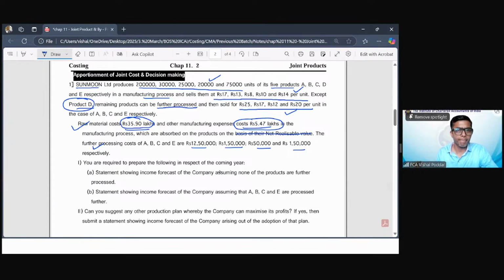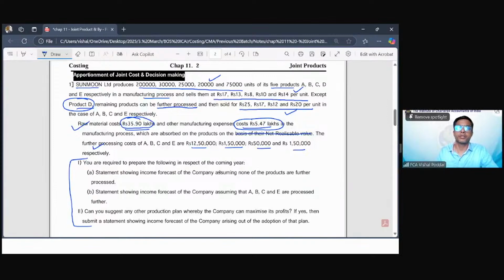Correct? Now, for the time being, I'll keep this question aside. I want you to solve this sum by all the methods, so that we will understand by comparison what is the difference between all the methods.